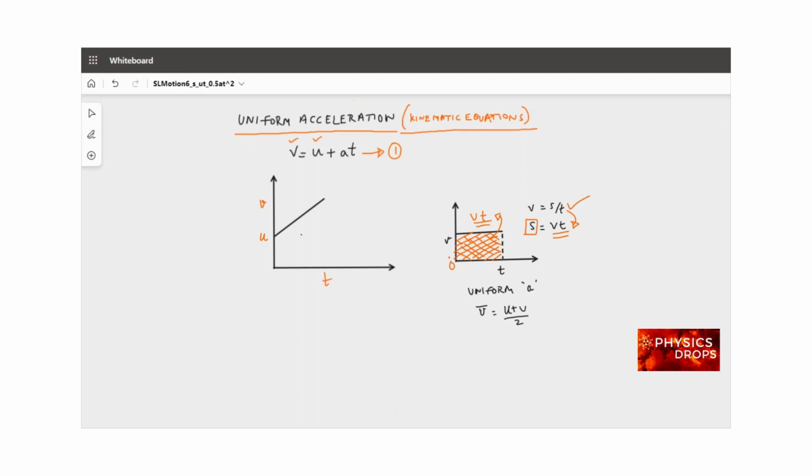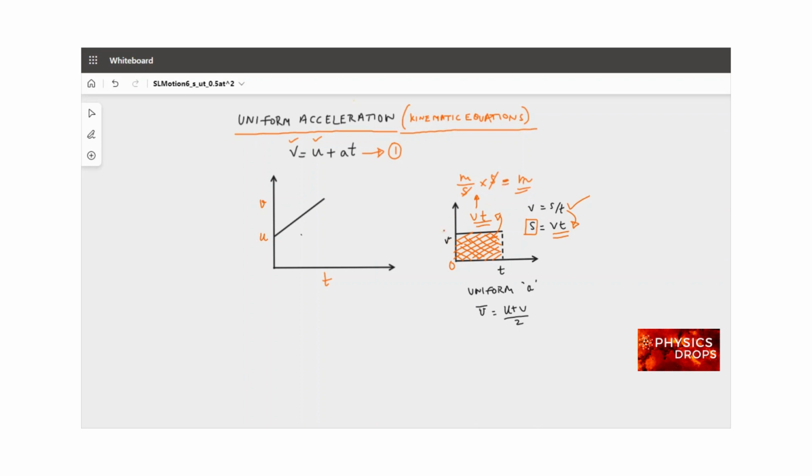So in other words, when we plot velocity versus time like this, the area under the line is nothing but displacement. We can also check this by taking the units: velocity is meter per second multiplied by time in seconds, so the seconds cancel and we get meter, which is the unit for displacement.